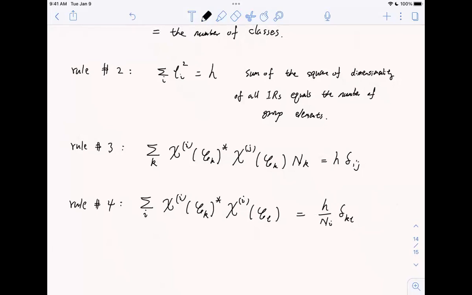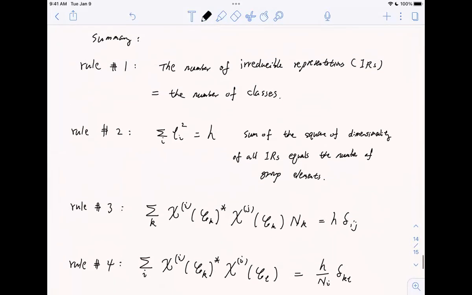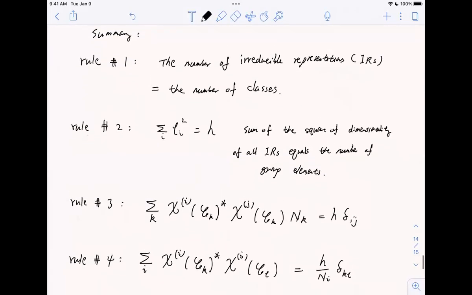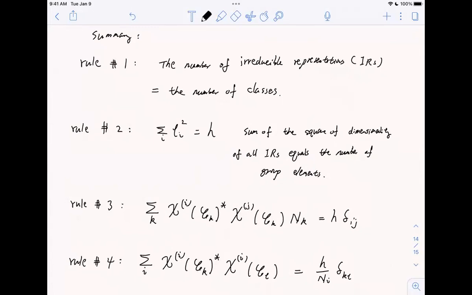So these are the 4 rules. There's actually a 5th one in the textbook, but if you're interested, you can read it. But I think the most important ones are these 4: 1, 2, 3, 4.